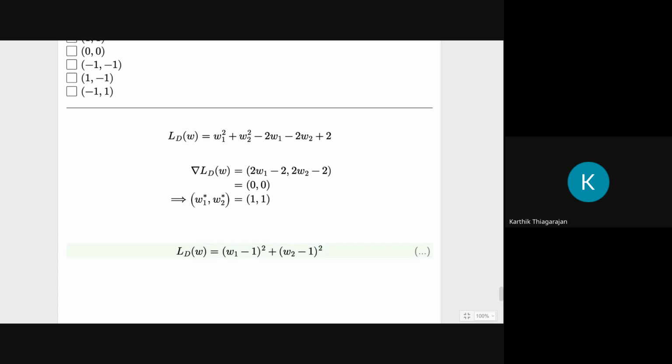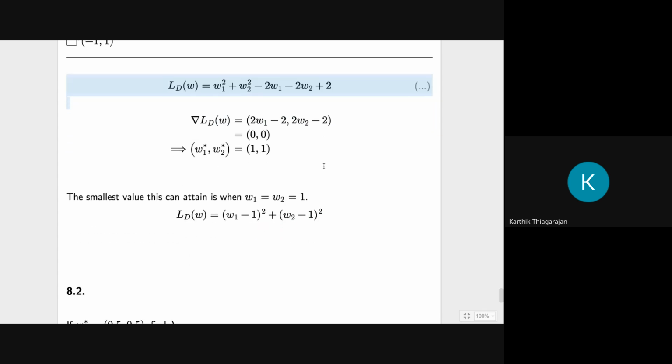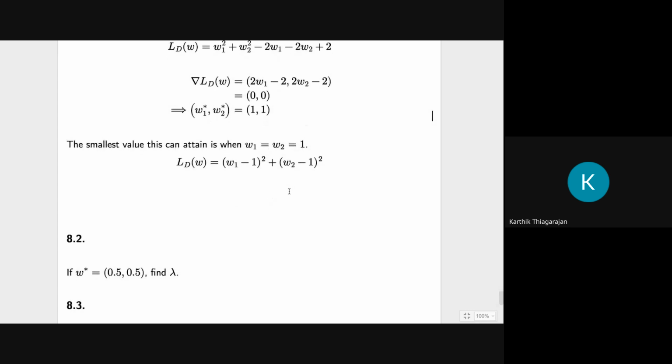If you expand this, you will get this. These are two non-negative quantities, so the smallest value this can attain is when W1 and W2 are 1. So both are valid.